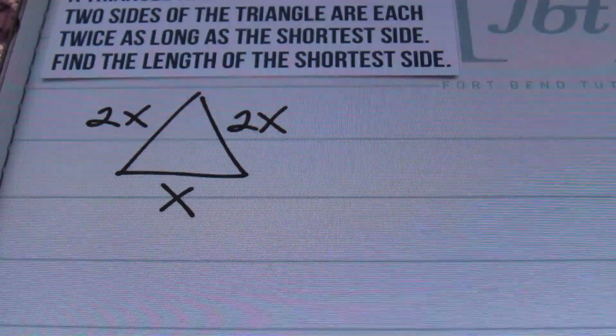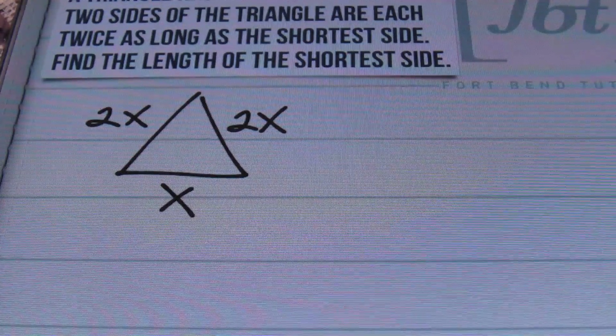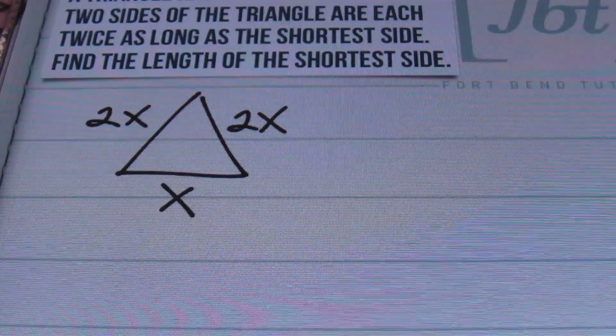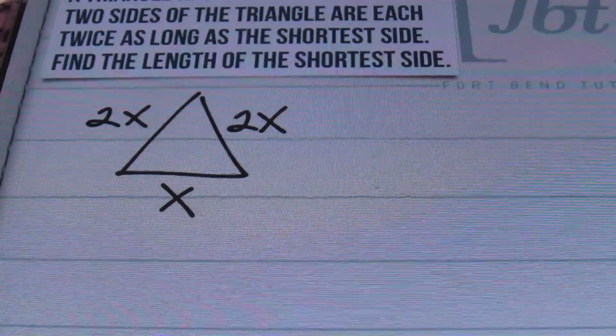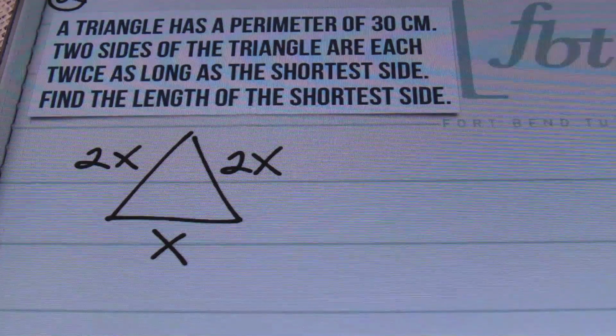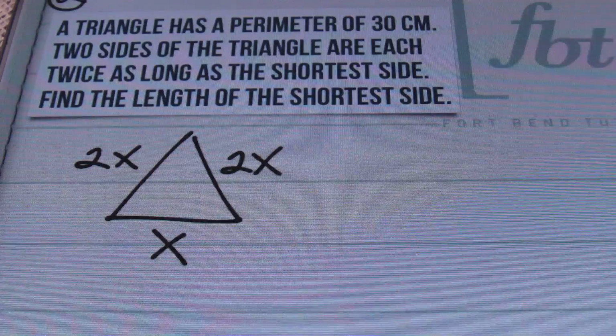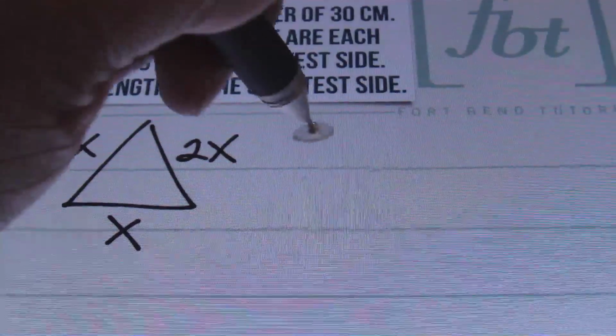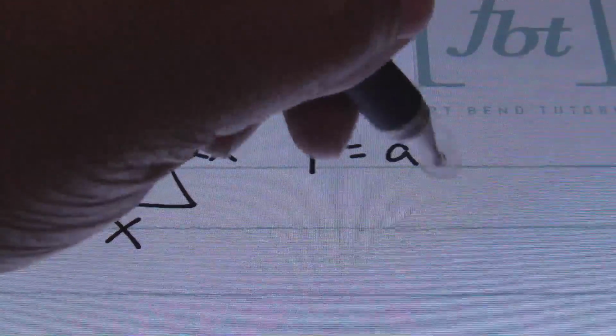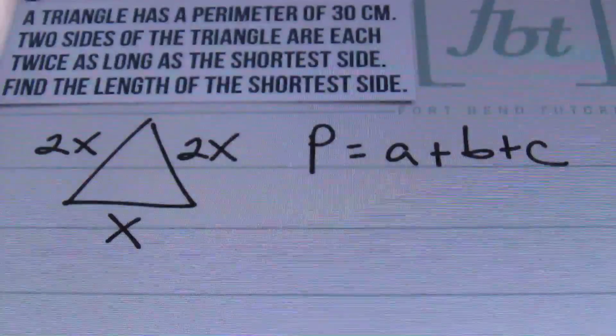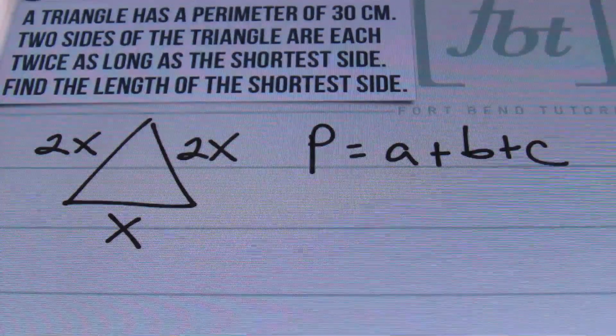So first of all, draw the shape and then label the shape with the information that you find in the word problem. From there, keep in mind that they said that we were dealing with the perimeter of this triangle. Anytime you're asked to find the perimeter of a triangle, it is simply the sum of all three sides. So you just simply add the three sides together.